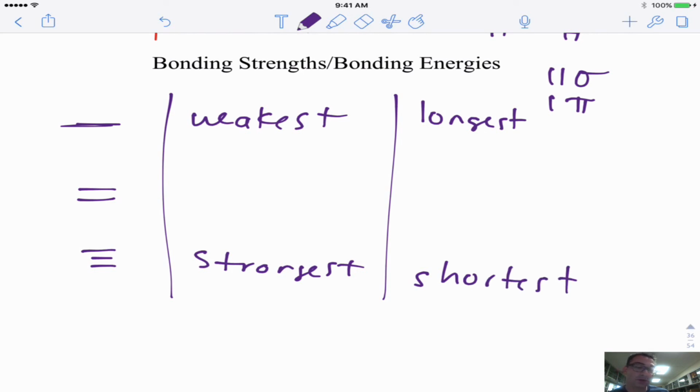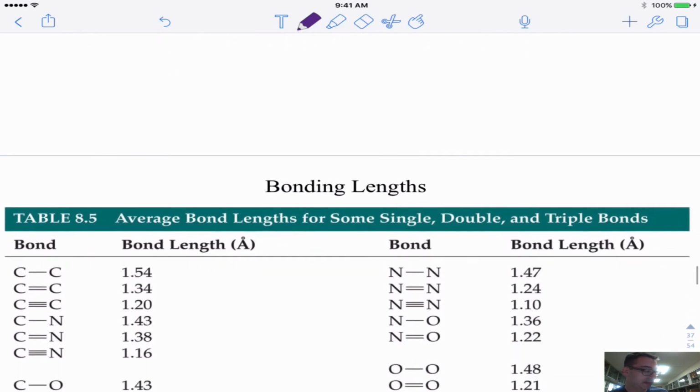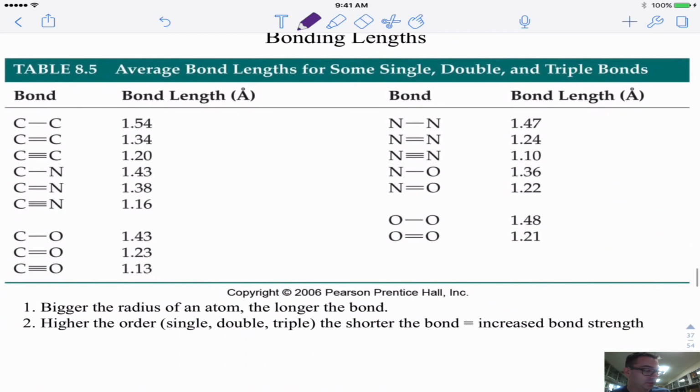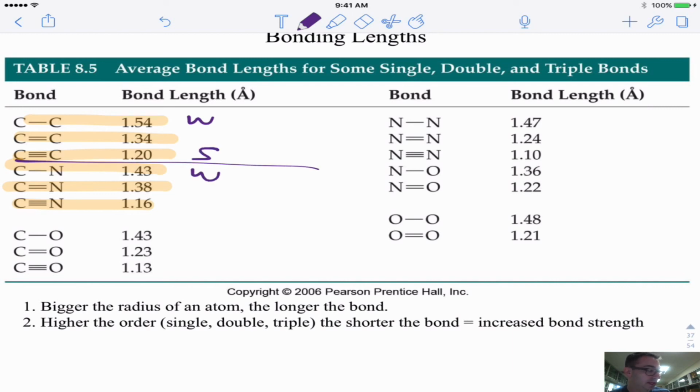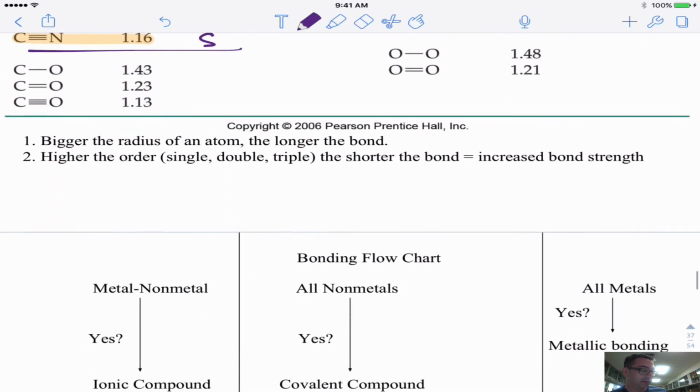So you should know those rules. If I show you some bond energies on this page here really quick, we have single, double, triple, getting shorter. If we put in the strength, this would be weakest, up to here would be strongest. Weakest to strongest. And you can see that for these different bonds, the strength increases and the length decreases.